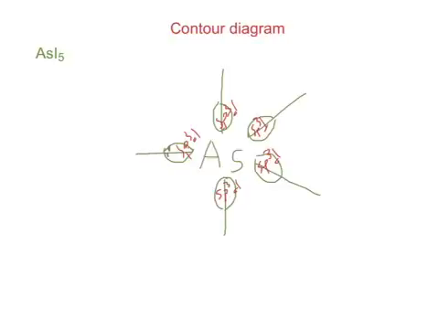Just 2 in each one. And we'll draw the iodine bonding with arsenic. We have to draw it huge since it's one of the bigger atoms.